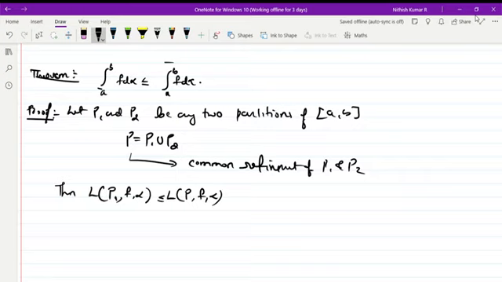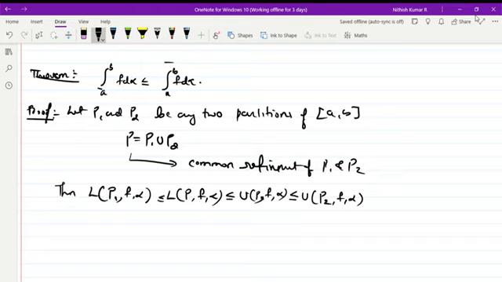Now also, the lower sum is less than or equal to U(P, f, alpha). Again, this is also less than or equal to U(P2, f, alpha). How? P is the refinement of P2. Hence, U(P, f, alpha) is less than or equal to U(P2, f, alpha), because in P the number of points again increases, and is more than the number of points in P2.